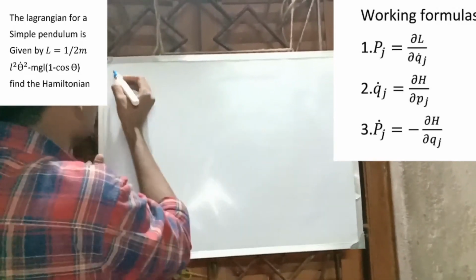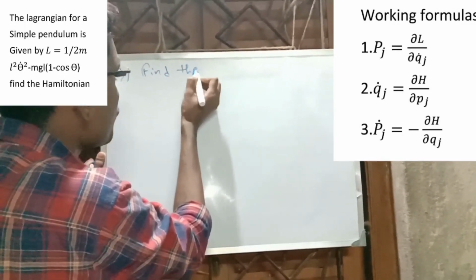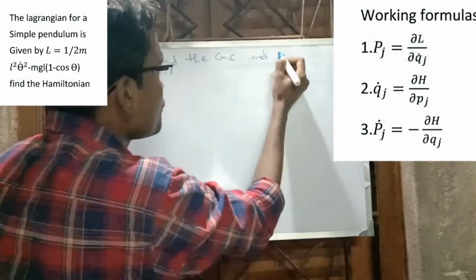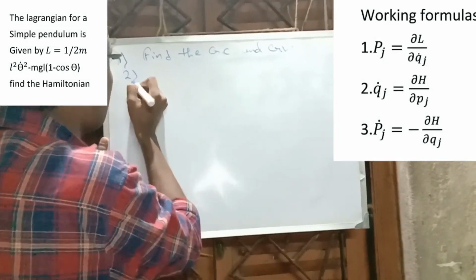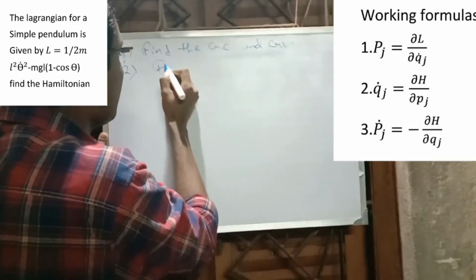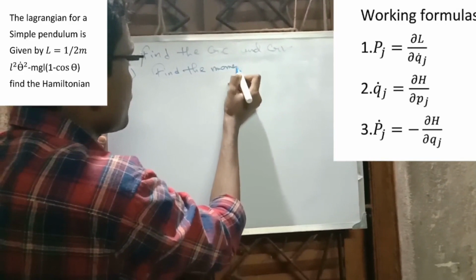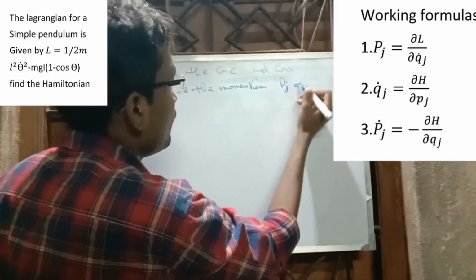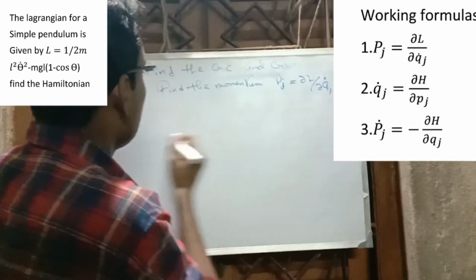Step number 1: find the generalized coordinate, I am writing the shortcut GC, and the generalized velocity, shortcut GV. Step number 2: find the generalized momentum by the relation Pj equals del L by del Qj dot.